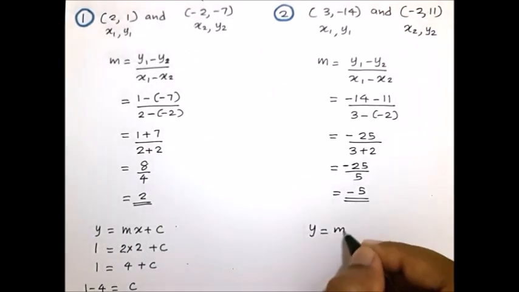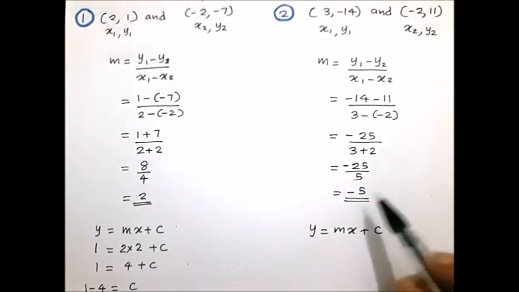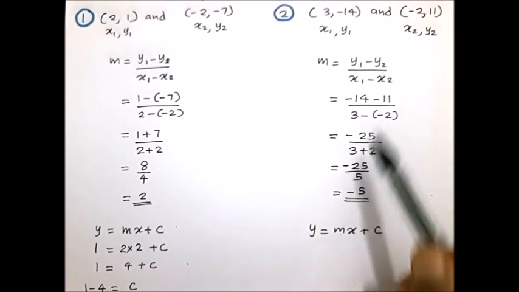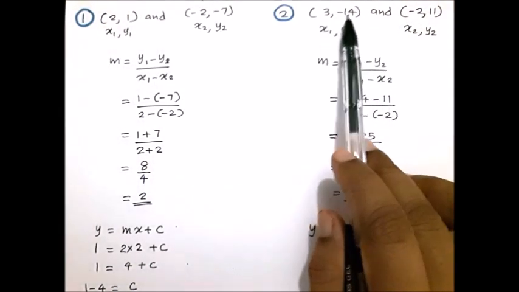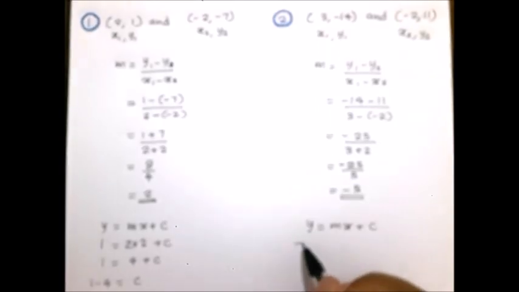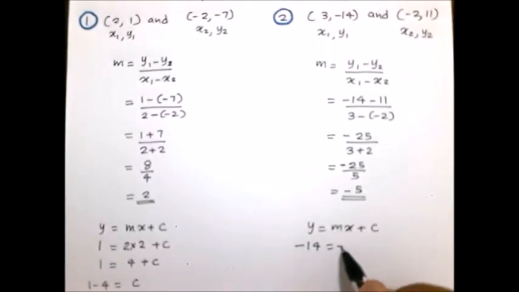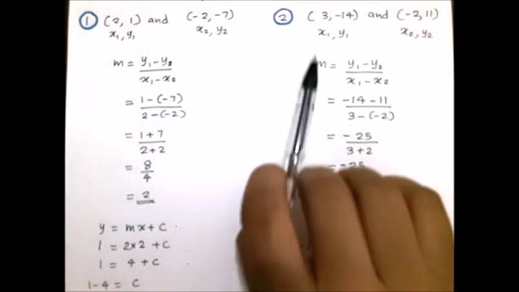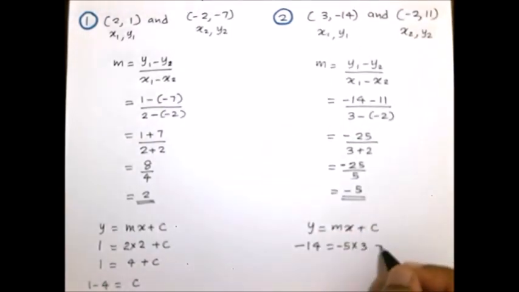y equals mx plus c. Substitute minus 5 for m, and I am going to substitute this coordinate for x and this one for y. y is minus 14, m is minus 5 and x is 3. Minus 14 equals 5 multiplied by 3, minus 15, plus c.